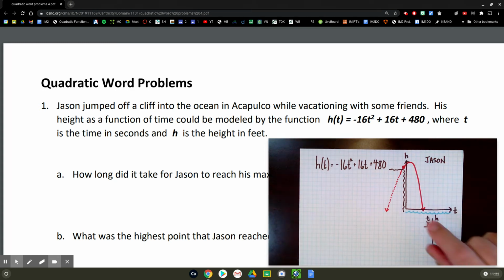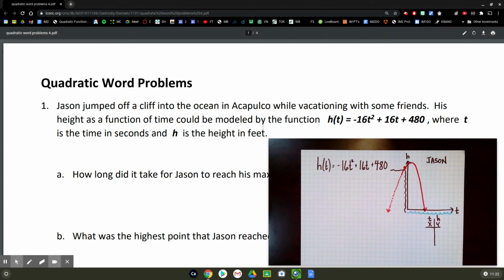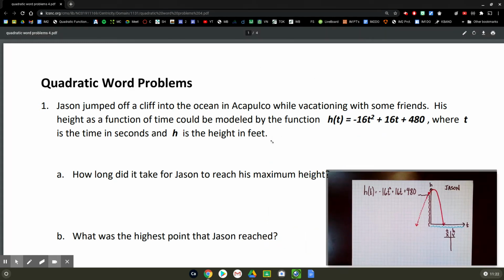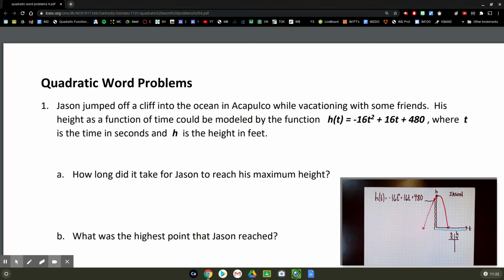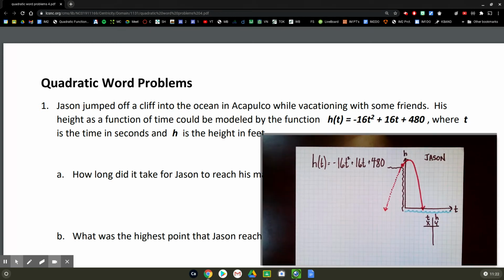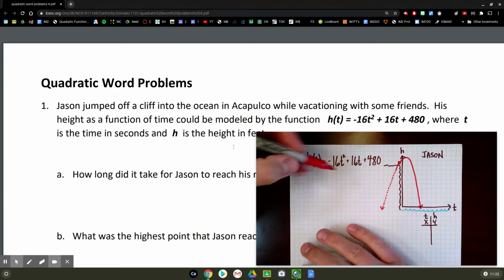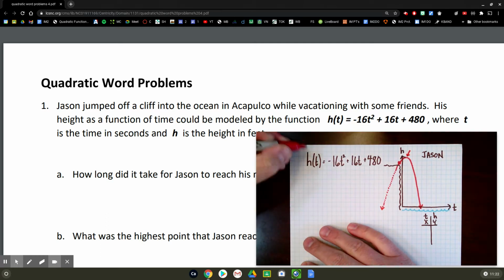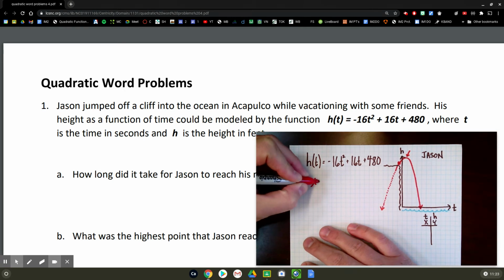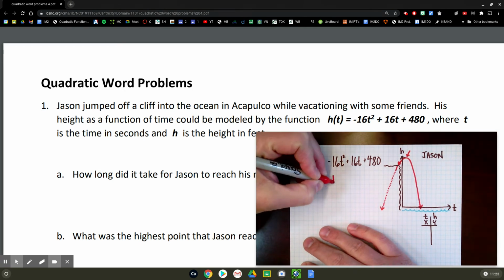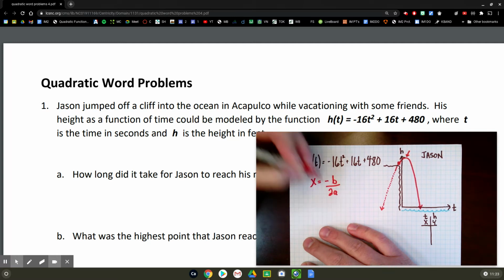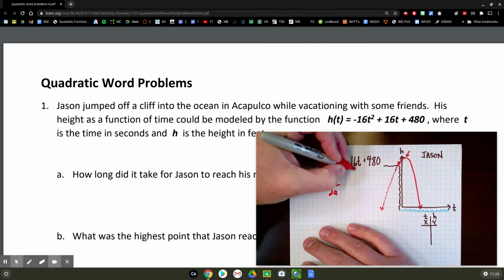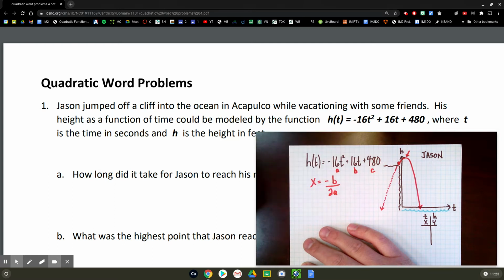He's going to reach a maximum point. So that takes us to the first question: how long does it take to get him to his maximum height? Well, we've been studying this. The maximum height is the vertex. In order to get the maximum or minimum, we're going to use x equals negative b over 2a, knowing that this is a, this is b, and this is c.